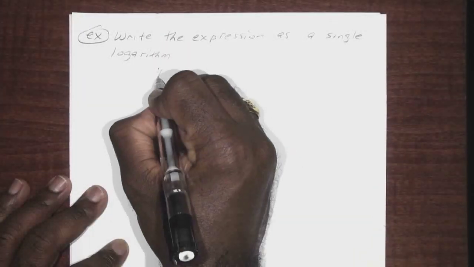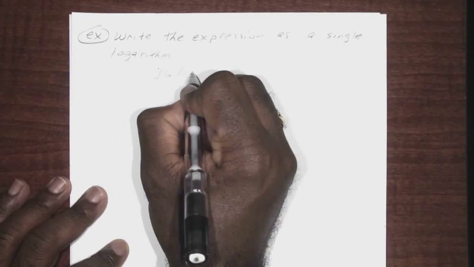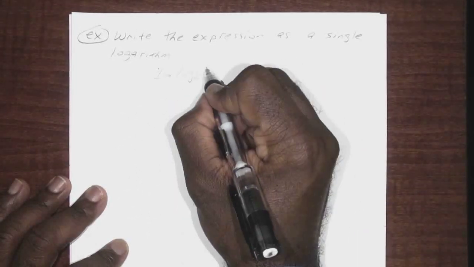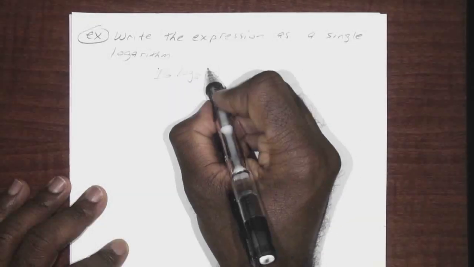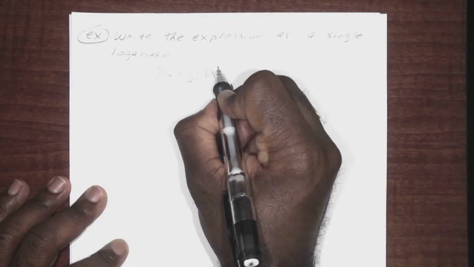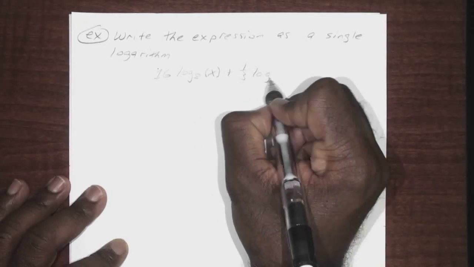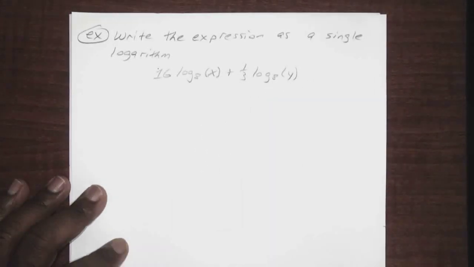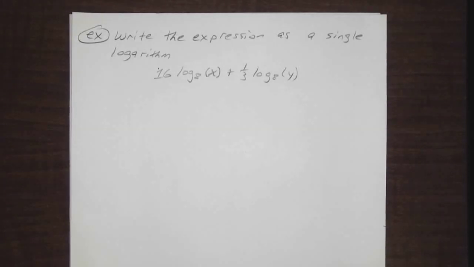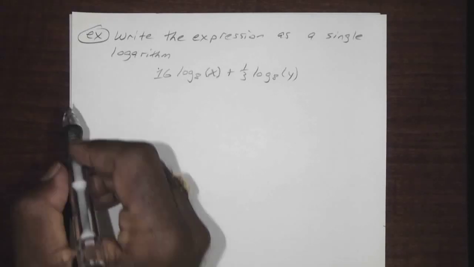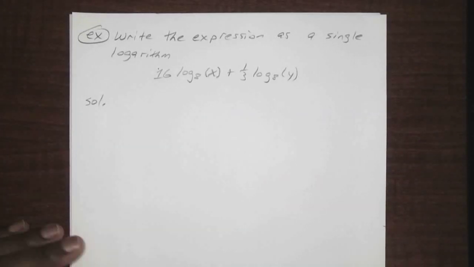We have 16 log base 8 of x plus 1/3 log base 8 of y. Okay, so before we applied the product rule, the quotient rule, and all of that to make it stretch out. Now we're going to convert that to just one term.